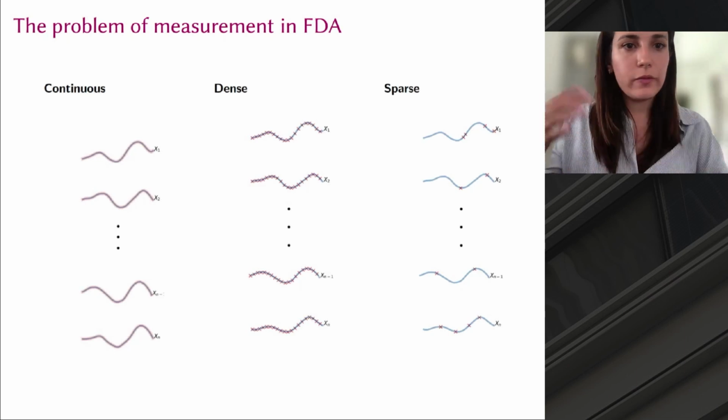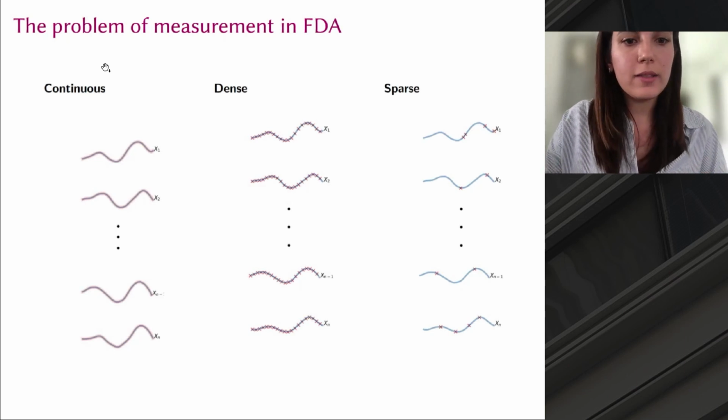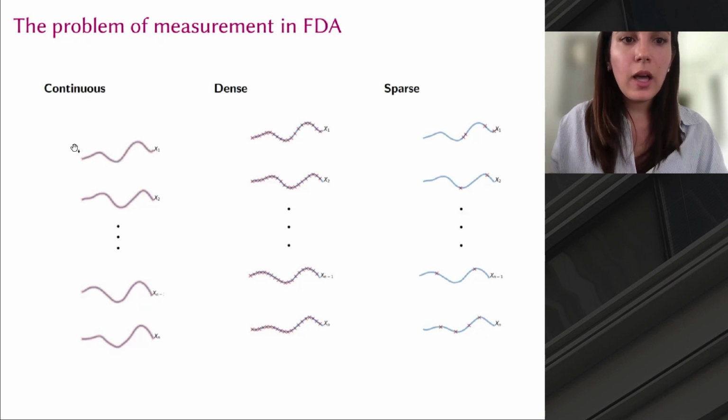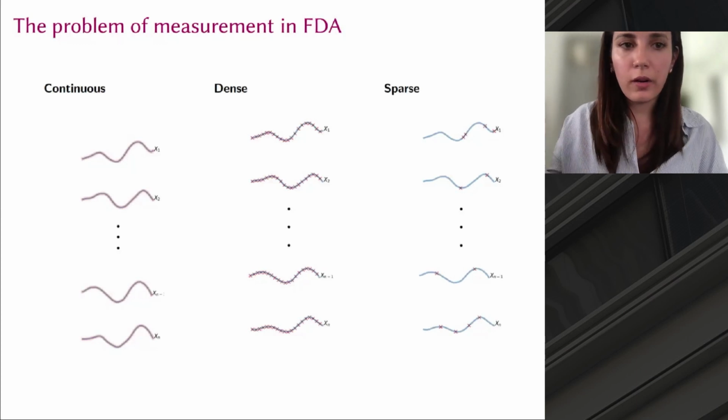So for instance, if the domain is, in this case, an interval, then we assume that we are able to observe the whole function at every point. And this is a classical FDA setting, and there are some techniques that can be applied in this setting. Clearly, this is a simplification.